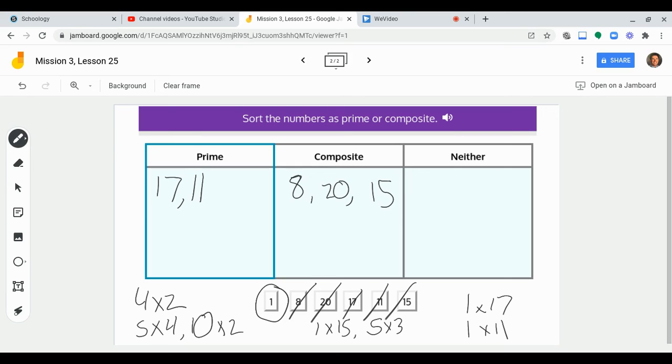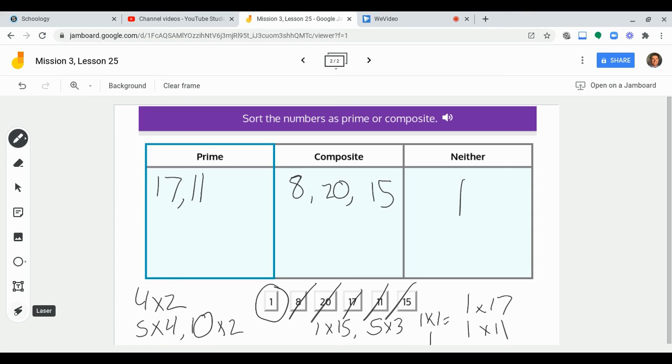So 1's kind of an exception because the only factor for 1 is 1. It's the only thing you can do. So 1 is going to be the one exception that's neither.